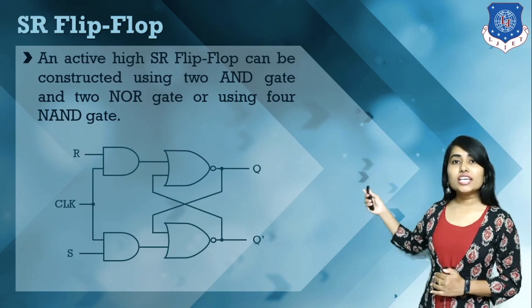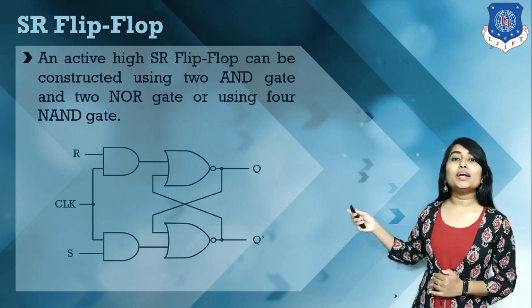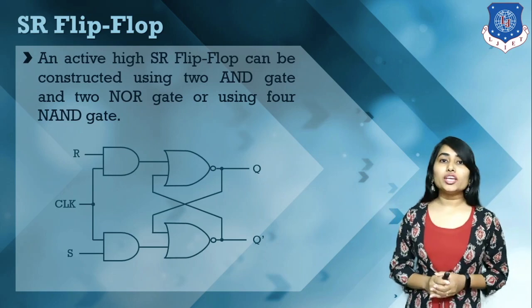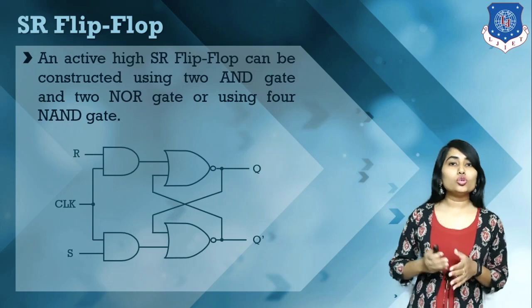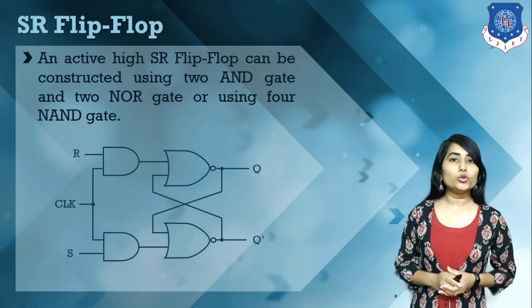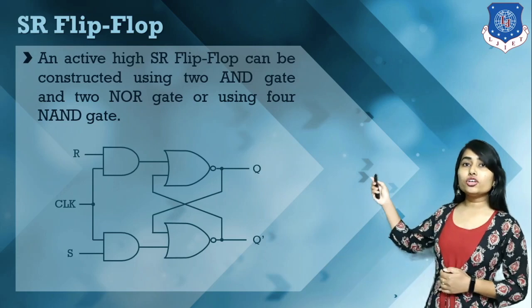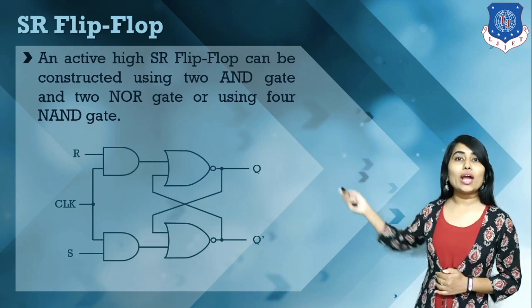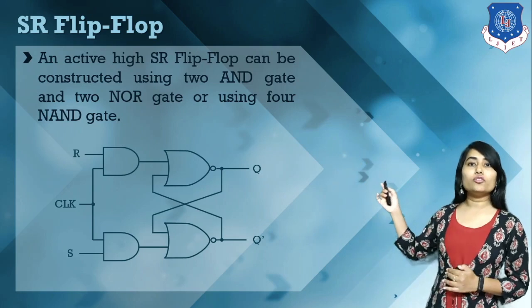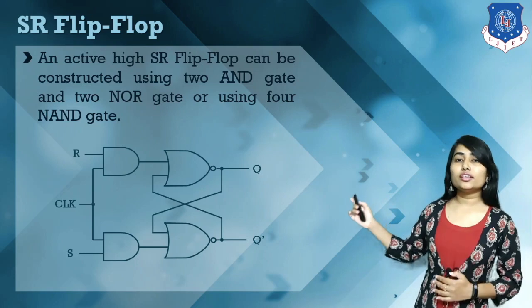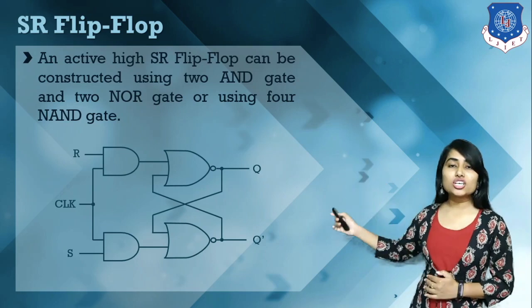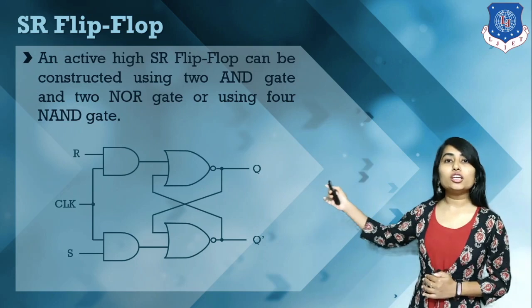Now in latch we use two cross coupled NOR gates, and we have an input, and according to that we have our output conditions. So if we eliminate these two AND gates, this circuit works as a latch, but here we use two additional AND gates to multiply the clock signal.